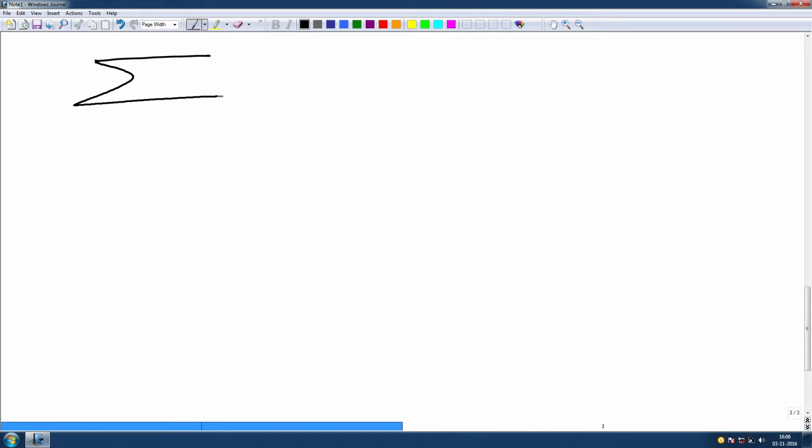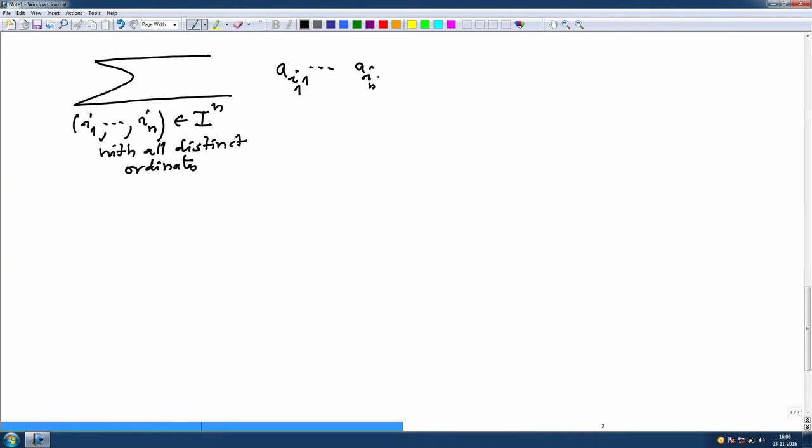So, this sum is equal to the sum over i1 to in in I power n, and not only that, with all distinct coordinates, a i1 1 ... a in n times f of V i1 ... V in.